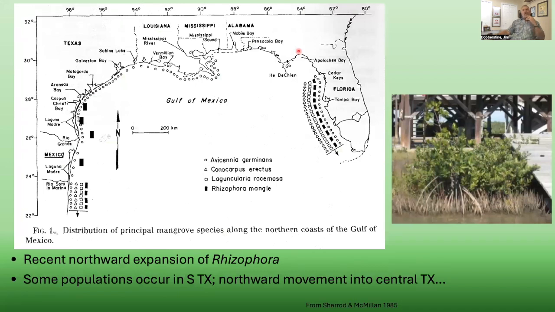Okay, so Rhizophora are in fact expanding. Now we've talked a little bit about the impacts of climate change. That is affecting distributions of plants. And we've talked about how abiotic conditions can affect what populations occur, where they occur within biologic communities, and they will, of course, move and colonize new areas and even abandon old areas.